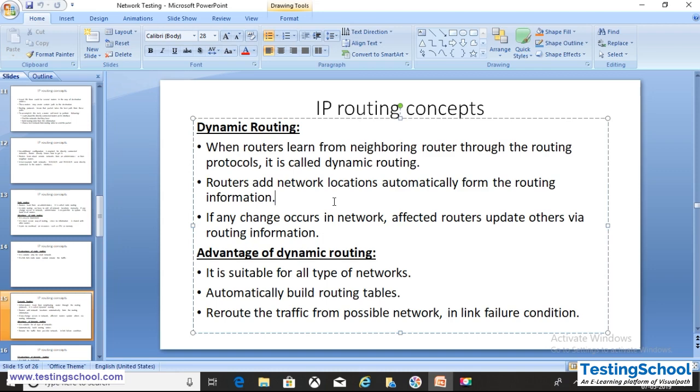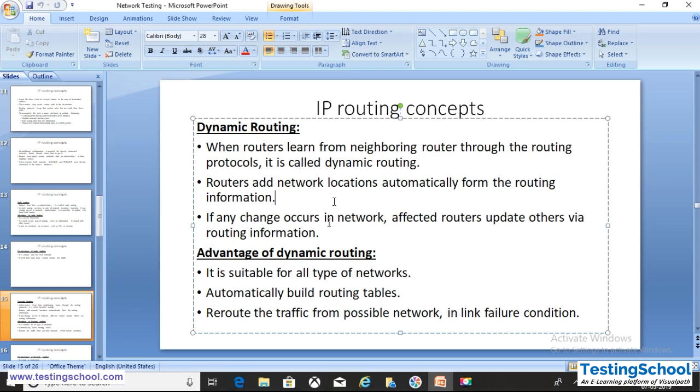And if any changes occur in the network, affected routers update others via routing information. So this is one good point with dynamic routing as compared to static routing. If any change occurs or if anything goes down, it will get updated automatically.